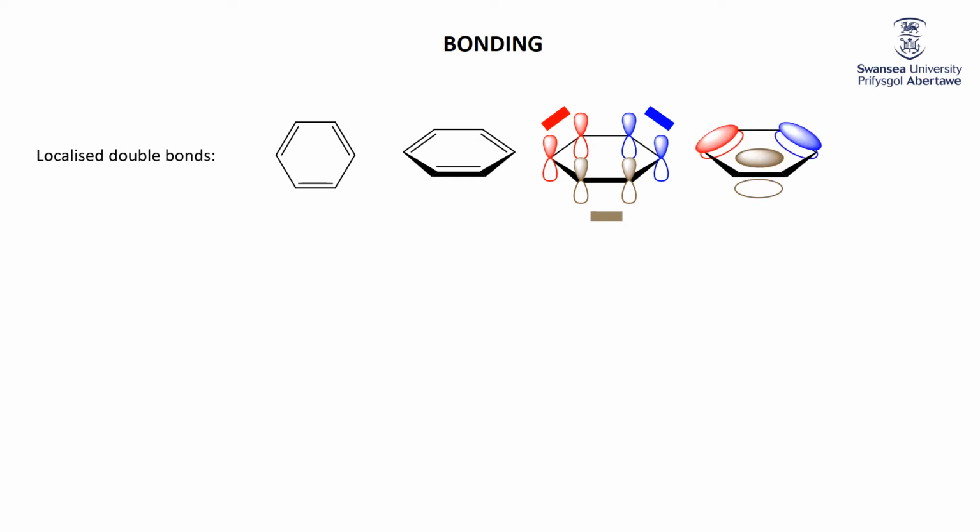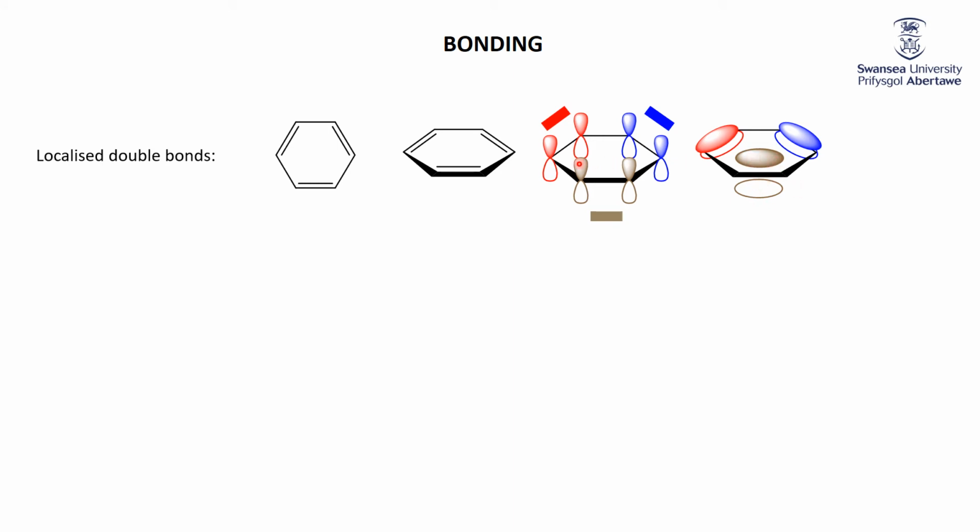And again, massive apologies, taking artistic license here, but essentially here's the red pi bond sticking above and below, so that's because of this and this combining. There's the blue pi bond above and below the ring, that's these 2 combining here, and then you can see this one in the front a little bit better.